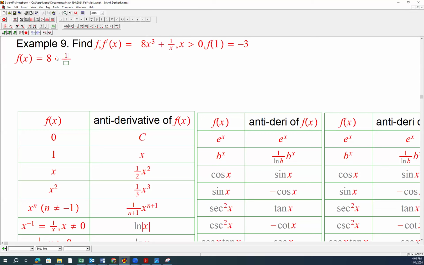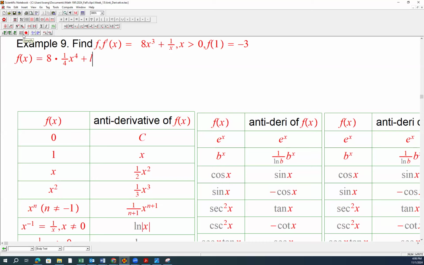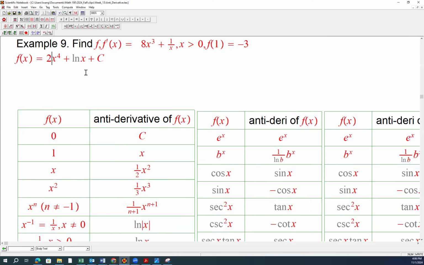That antiderivative is 1 over 4 x raised to power of 4 plus ln x plus a constant. We only have one constant, so there's no need to introduce subscripts. So now this is just 2.